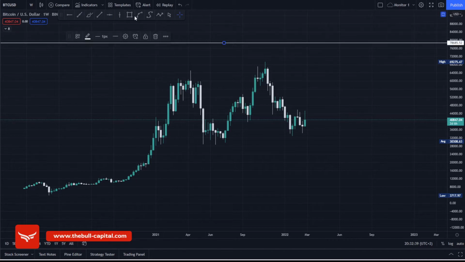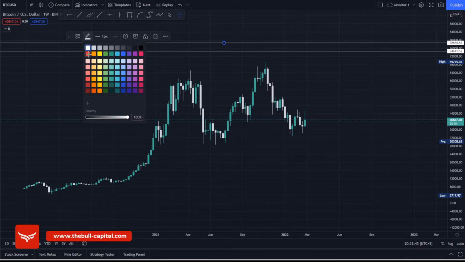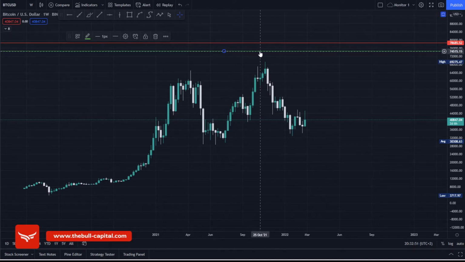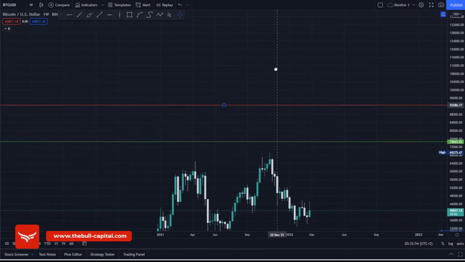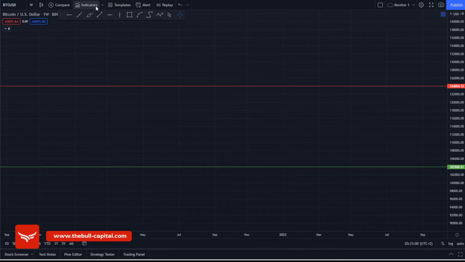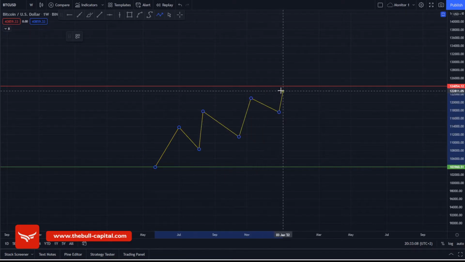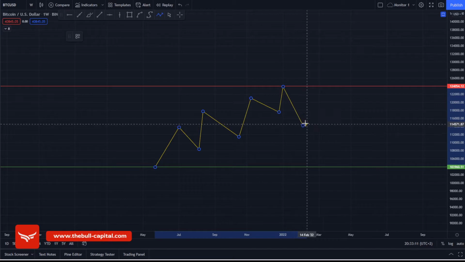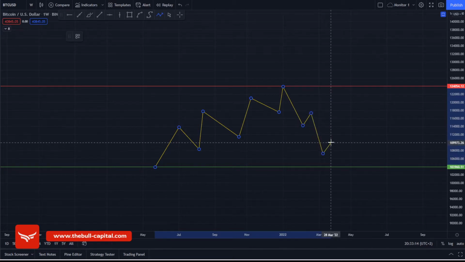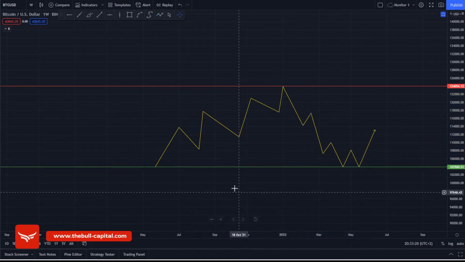I'm going to draw just two lines here, and the resistance I'm going to mark with red, and the support I'm going to mark with green.